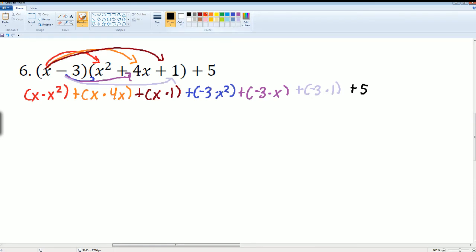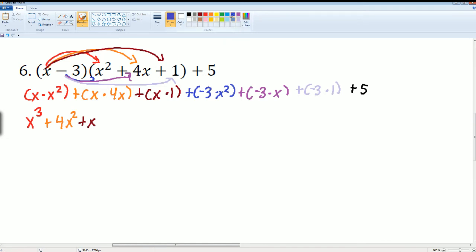Okay. So let's start combining some like terms. Let's simplify each of the parentheses. Alright? Okay. So x times x squared becomes x cubed. Plus 4 times 4x becomes 4x squared. x times 1 just becomes x.